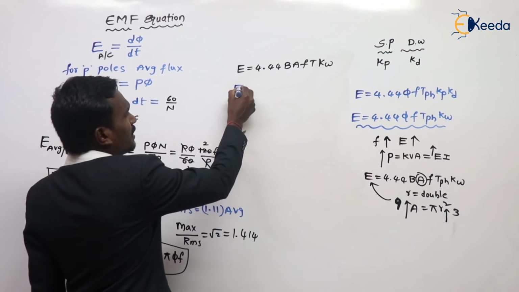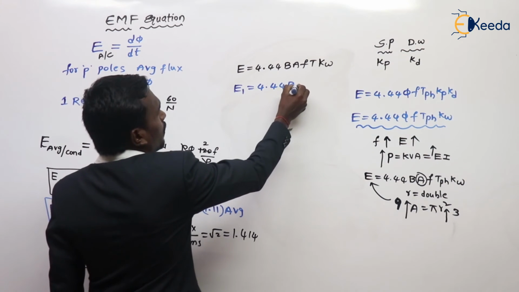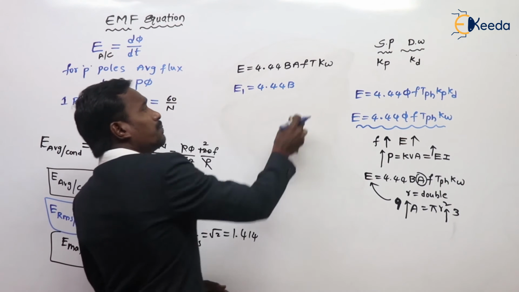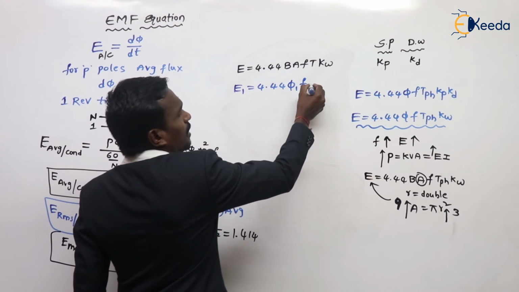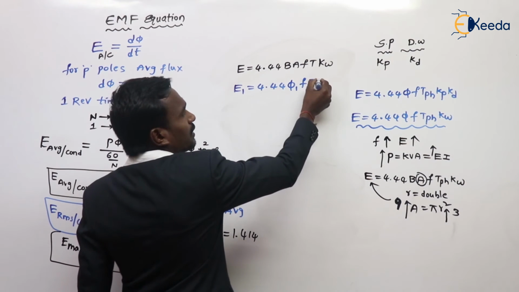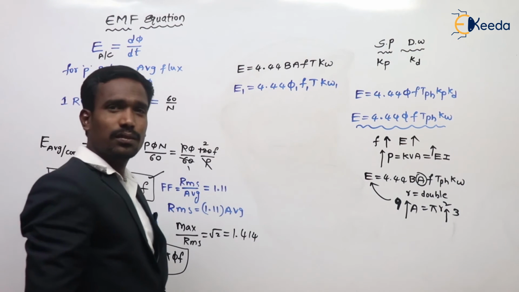For example, I want E1. E1 is equal to 4.44, this B A combined can be written as phi1, and frequency F1. There is no change in turns. Kw1.